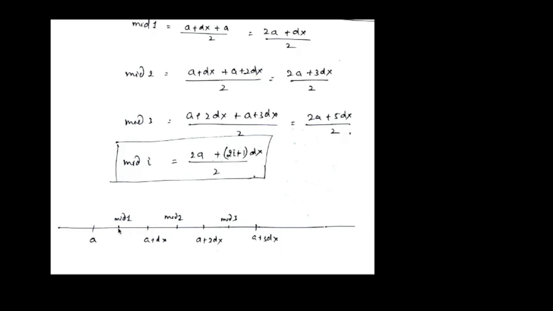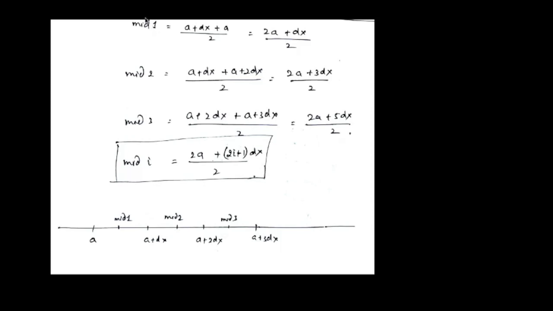The mid value will be 11, which is nothing but 10 plus 12 divided by 2, 11. Similarly, the average of these two will give me the mid value here, and so on.